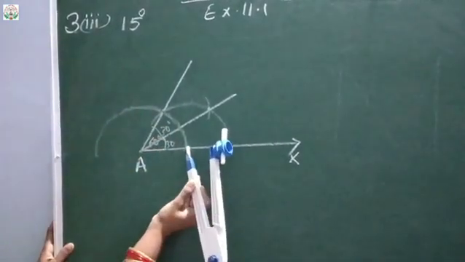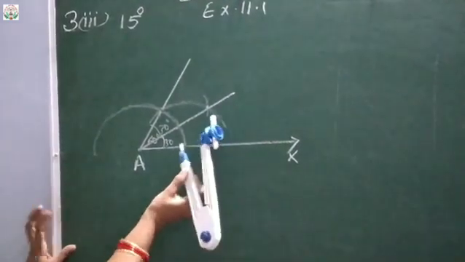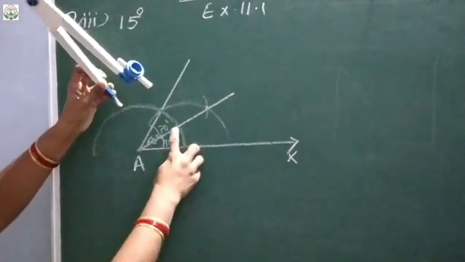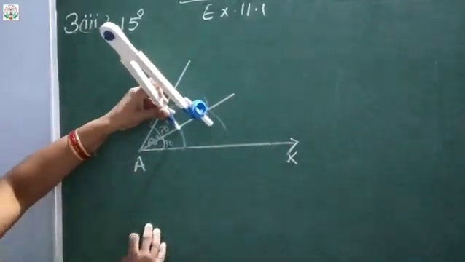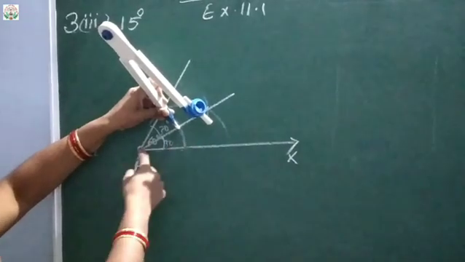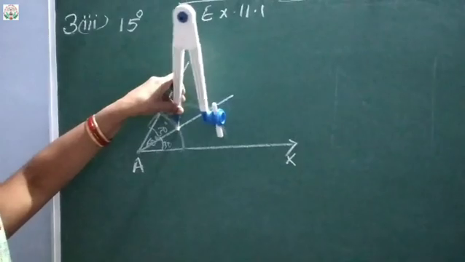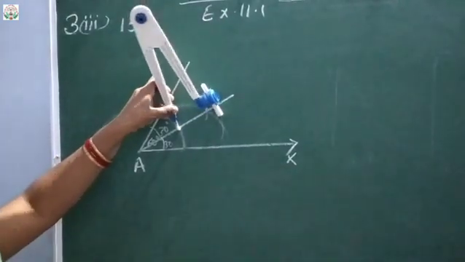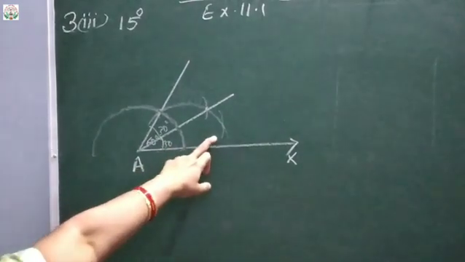For that, with the same arc measurement keep the needle here and draw likewise. And again, at the 30 degree line where it touches the semicircle, there you put the needle and draw an arc. Now you can see the intersection over here.